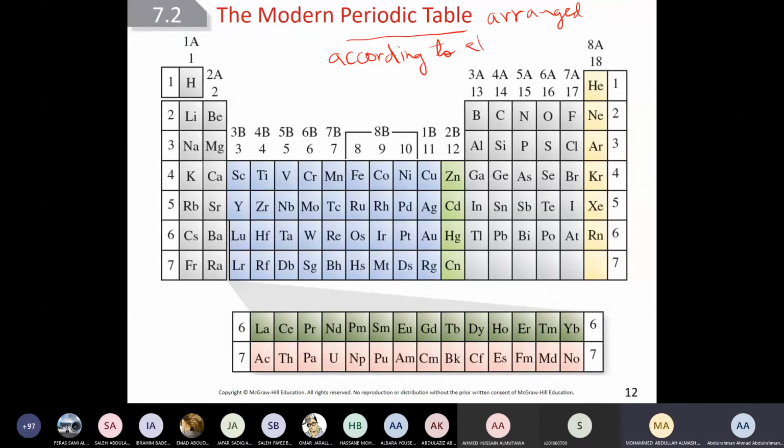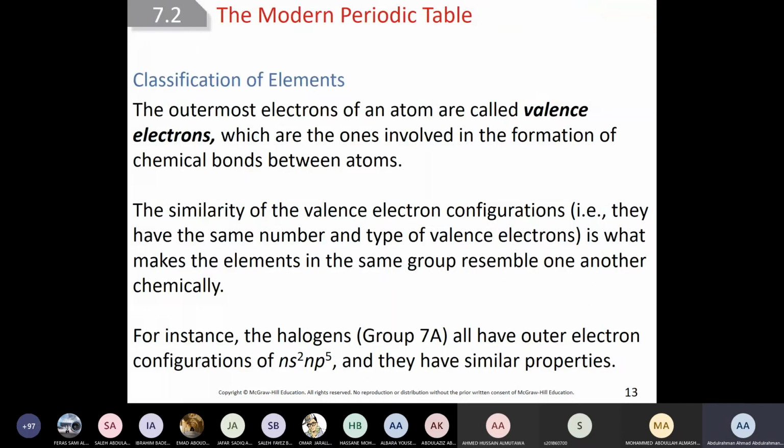Yes, to electronic structure. This is clear. Very good. And that's why we know. I want you now to tell me what's the meaning of valence electron?